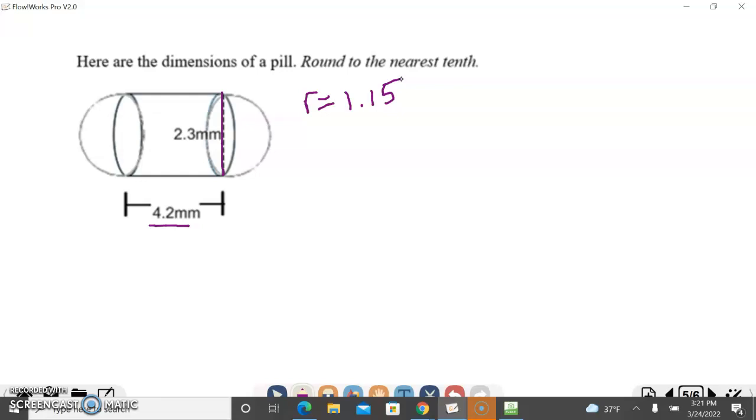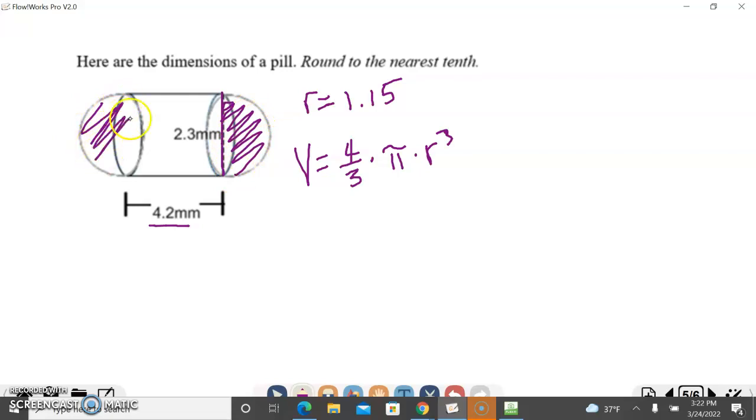So the volume of the sphere, remember, is going to be 4/3 times pi times the radius cubed. So that covers this and this.